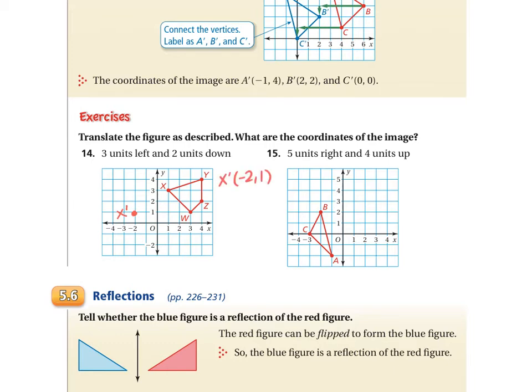For those who want to find these coordinates without drawing the graph, you can use a second way, which is to find the coordinates of the original figure. Let's say I'm going to use w, which has 3, 1 as the answer. Then you're going to subtract 3 from x, and subtract 2 from y. Because you're moving left, you subtract.